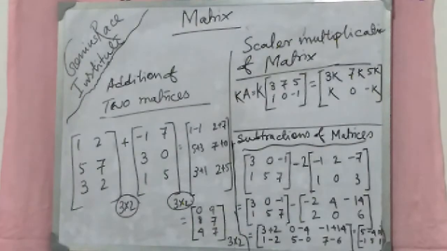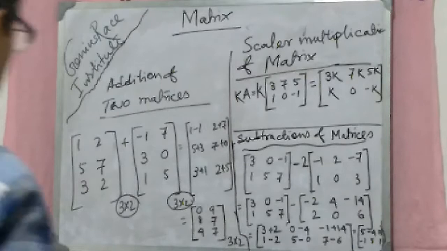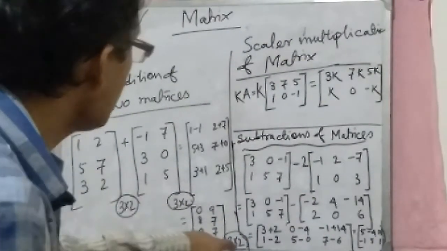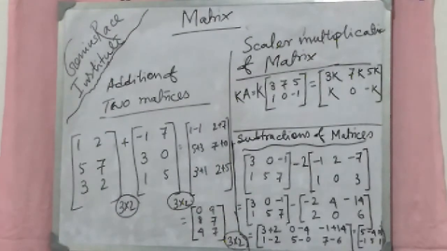If both of the matrices are of the same order, then only matrix addition is applicable, and the resultant matrix will also be of the same order. Like here it is 2 cross 3, so the final answer will also be of order 2 cross 3.